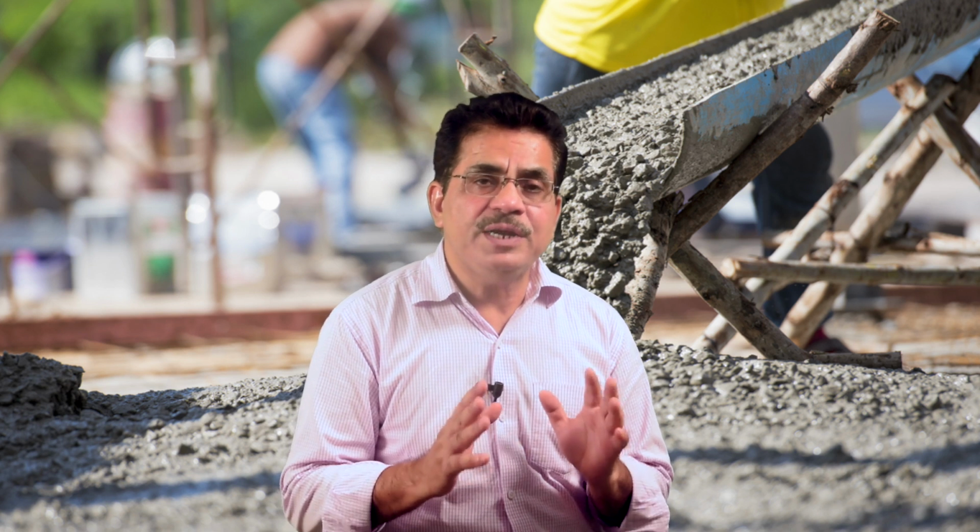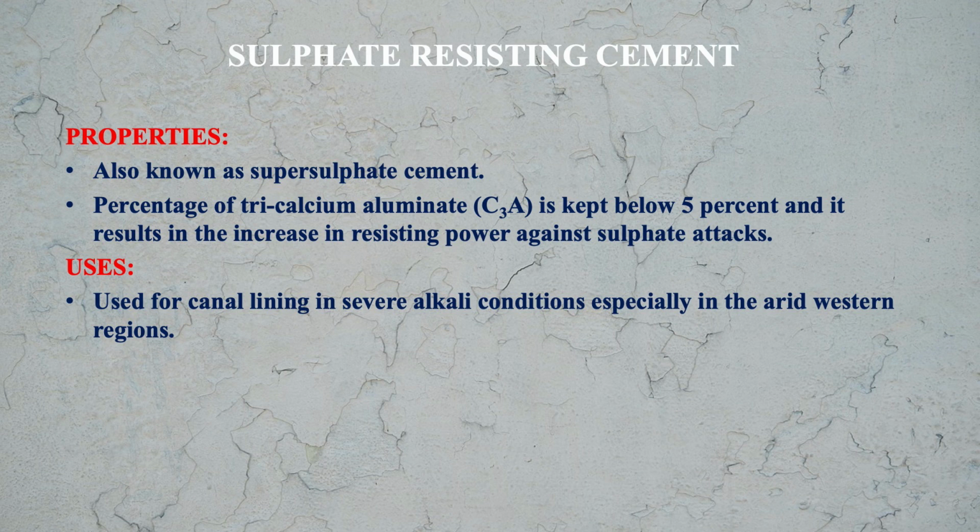Now let us see what are the uses of sulfate resisting cement. Sulfate resisting cement is used for canal lining in severe alkali conditions, especially in the arid western regions.